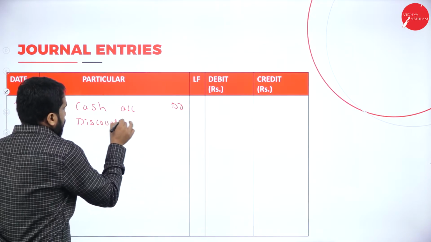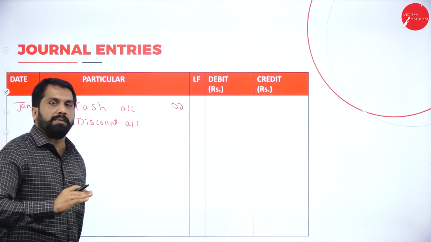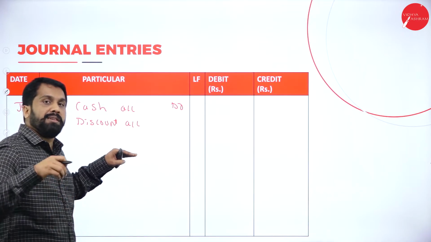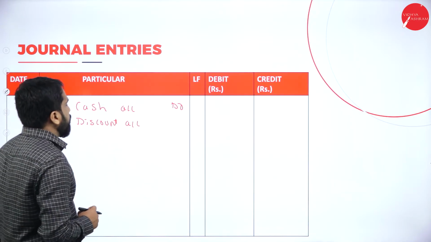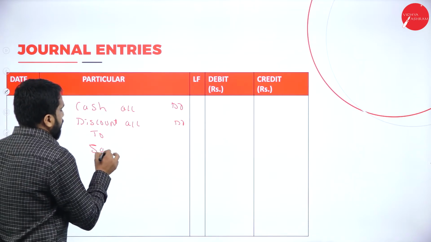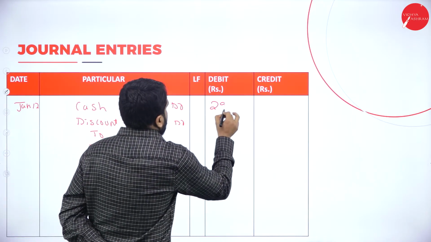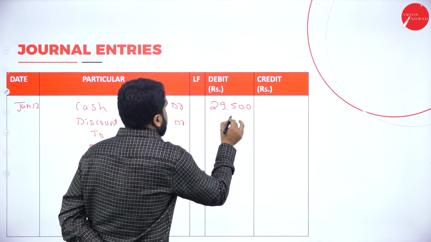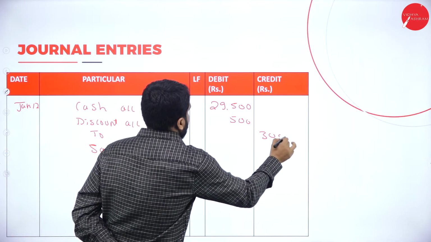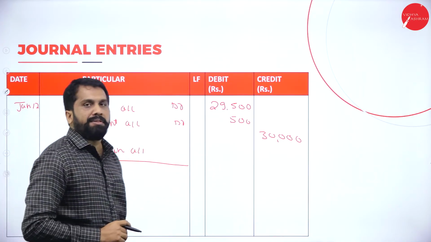Discount also. In this problem, they have asked about discount, that's why we are writing it. If they are not mentioning discount, we'll write only cash account to Sarjan. In this, we have discount also. Now, discount account debit, from whom? Sarjan account. Cash account 29,500. Discount is how much? 500. So if you add both, it will be 30,000. Any doubt? There is no doubt.